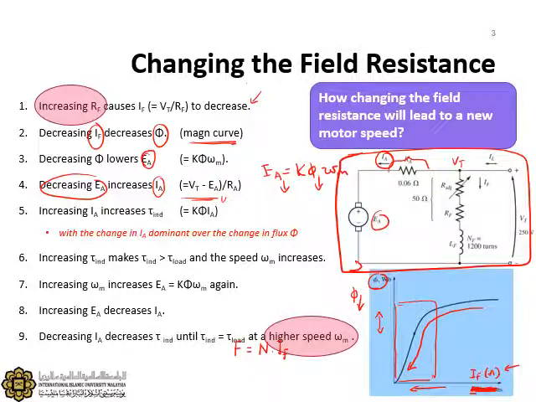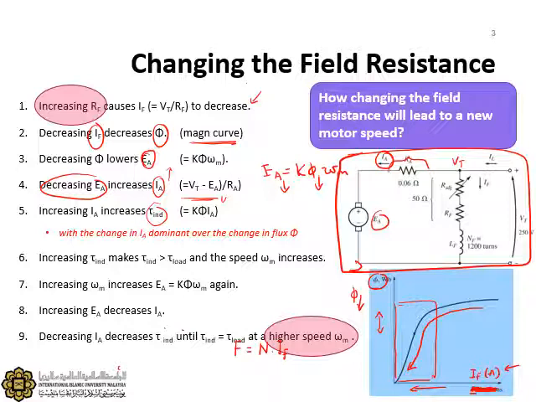Let's see if I can change this. Okay, never mind. Maybe I will learn the technique again later. Right. Now IA is increased. Then if you look at step number 5, when IA increases, the induced torque generated by the motor will also be increased.